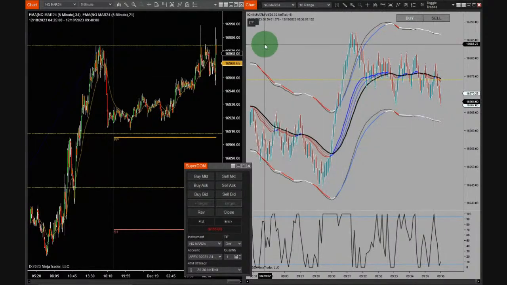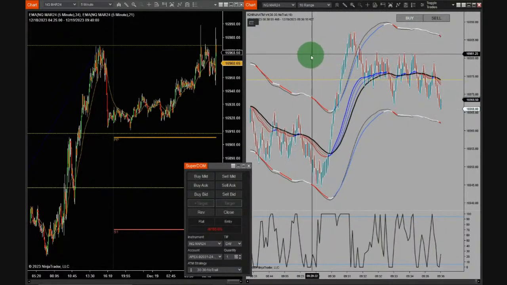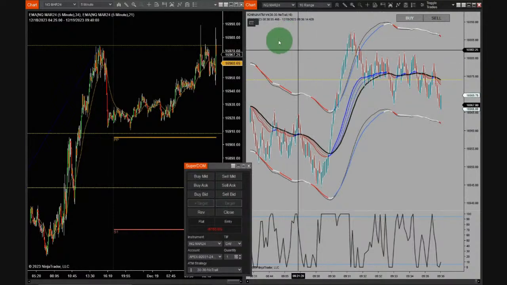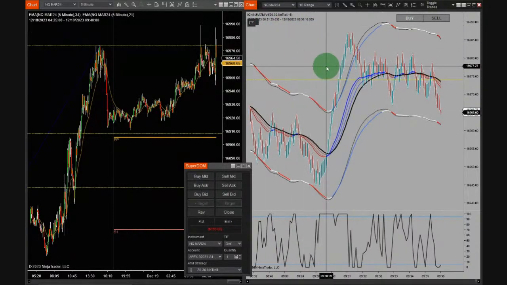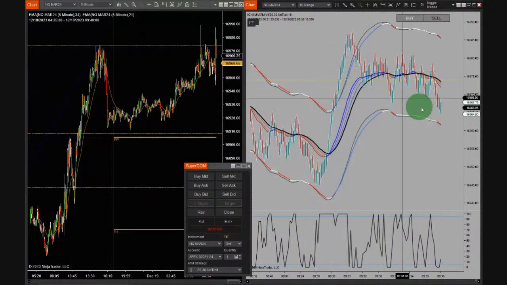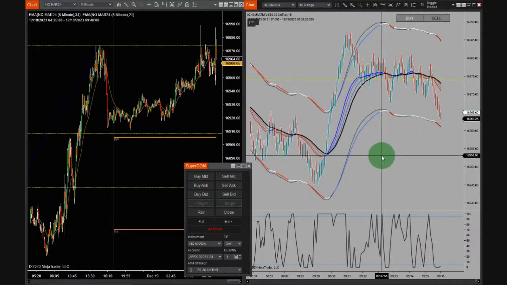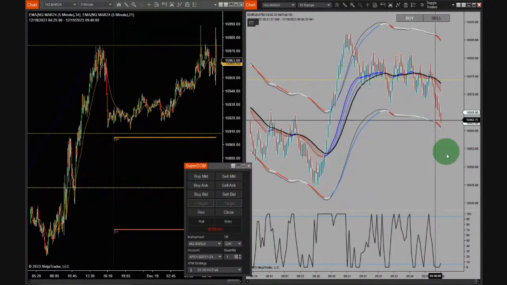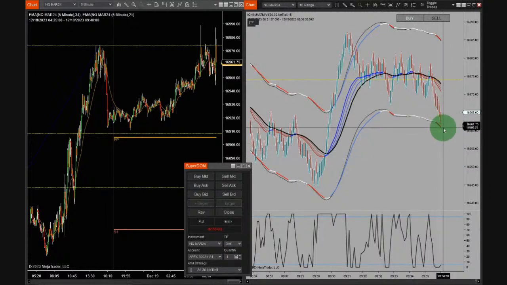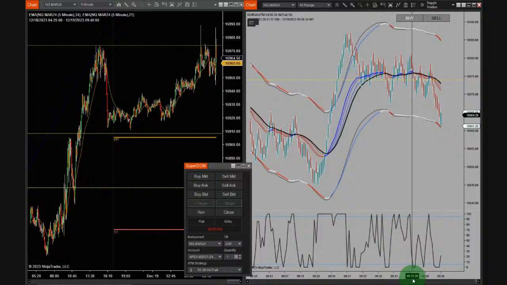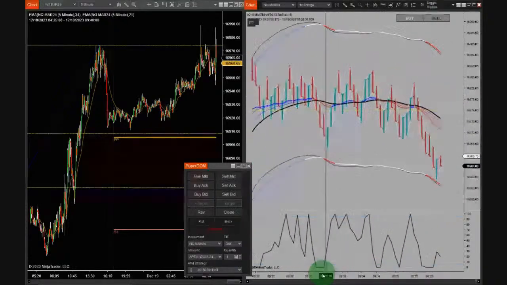This is a special sort of chart that I've created here in NinjaTrader. This is a 16 range chart. That means each and every single candle is exactly 16 ticks or 4 points. So if it goes more than 4 points from the high to the low, for example, it'll start working on a new candle.